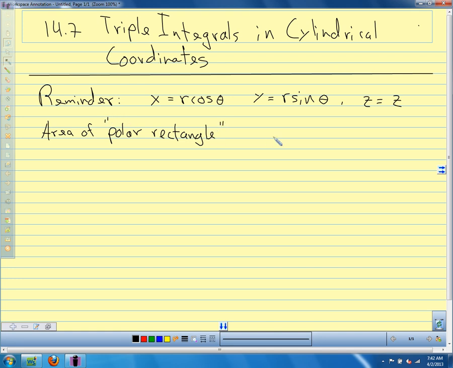We said it was r bar sub i, delta r sub i, delta theta sub i, where r bar sub i was the average radius in the region, in our ith rectangle.